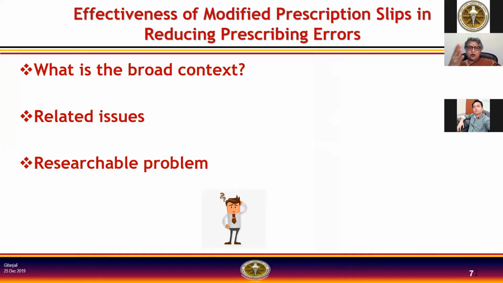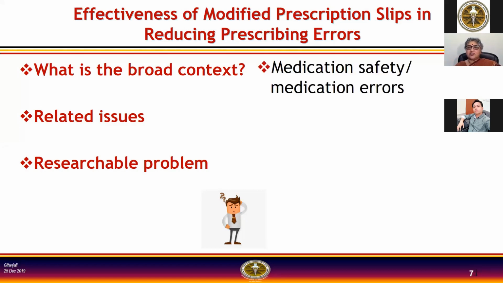So look at that title which I have given: Effectiveness of modified prescription slips in reducing prescribing errors. This could well be one of the titles of any thesis. If you look at this, what is the broad context?